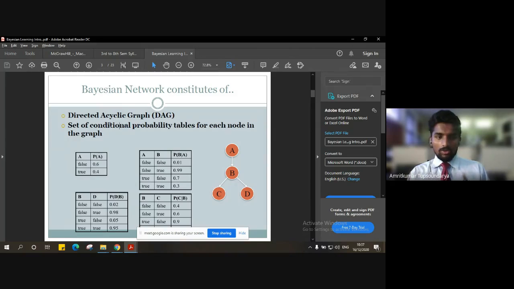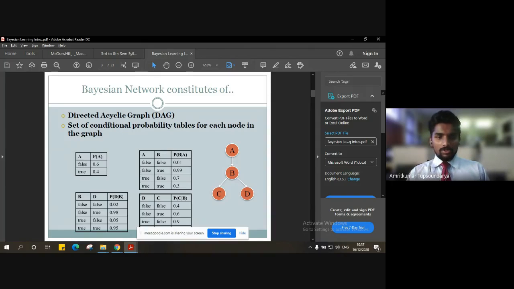But node 3 cannot again point to node 1, because that will not be a suitable network for the Bayesian theorem. So we need to have it acyclic. There shouldn't be any instance in the complete network which forms a cycle.